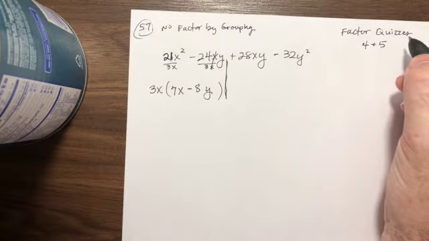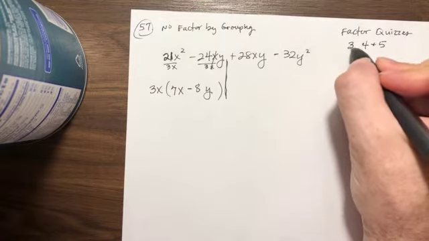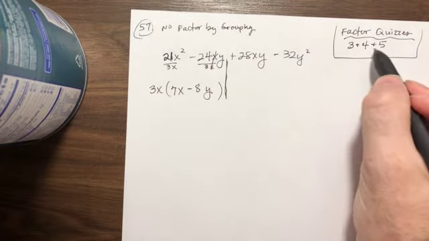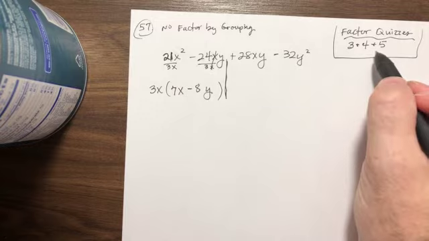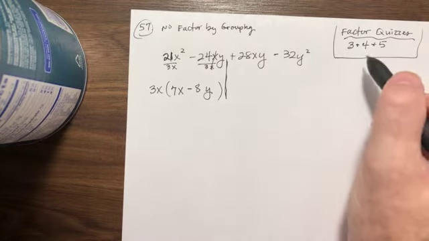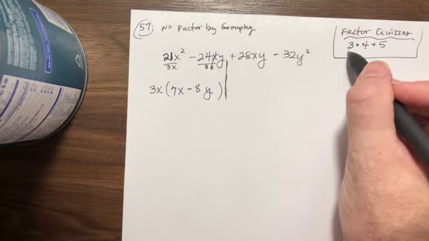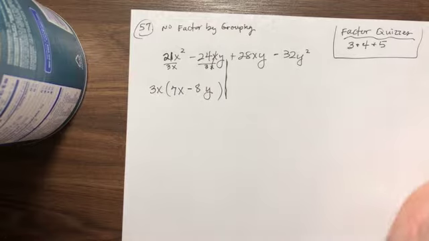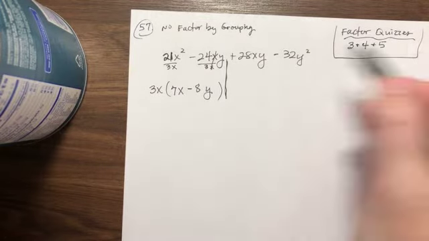Maybe 3, 4, and 5. So definitely go back and look at those quizzes to figure out how to best do GCF and how to do factoring trinomials, which I think is 4. This is GCF and grouping. This is trinomials, and this is the special ones, the difference of squares and such.